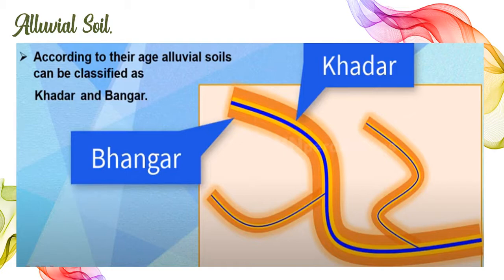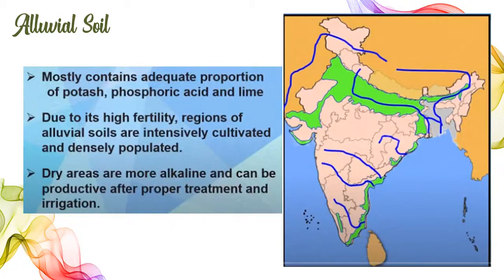Bangar is not that fertile when compared to Khadar because it contains some calcareous nodules. But Khadar is very fertile soil because it contains more fine particles. Alluvial soils are more fertile because most of the soil contains an adequate proportion of potash, phosphoric acid and lime.